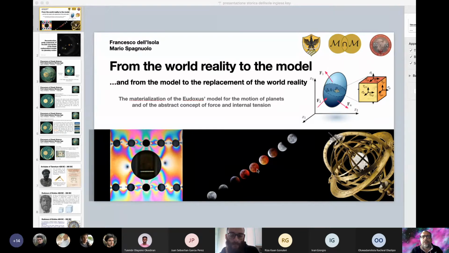Today I will try to discuss some important epistemological and historical problems and questions which are necessary if you want really to understand how mathematics works in modeling physical phenomena.